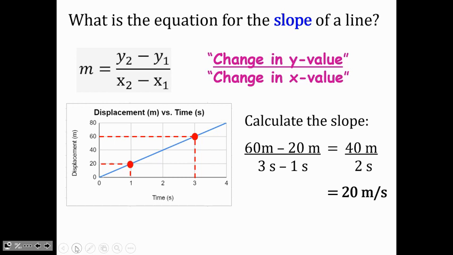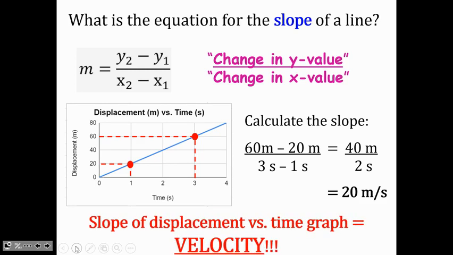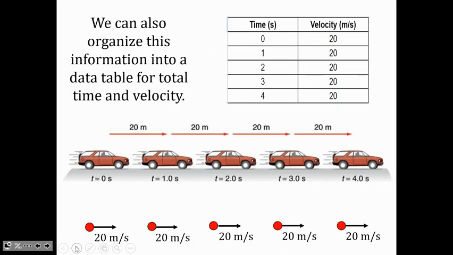And if we take a value of meters divided by a value of seconds, we get meters per second. Well, where have we seen this value before? 20 meters per second. Well, hey, that value is equal to the velocity. So we've just discovered that the slope of a displacement versus time graph is equal to velocity. How about that?